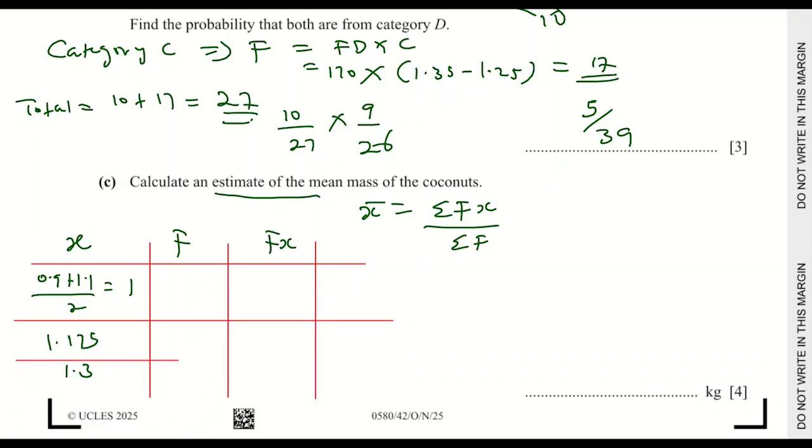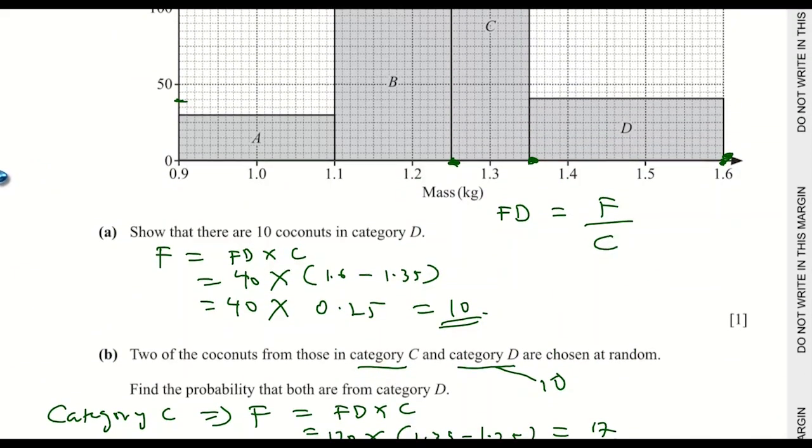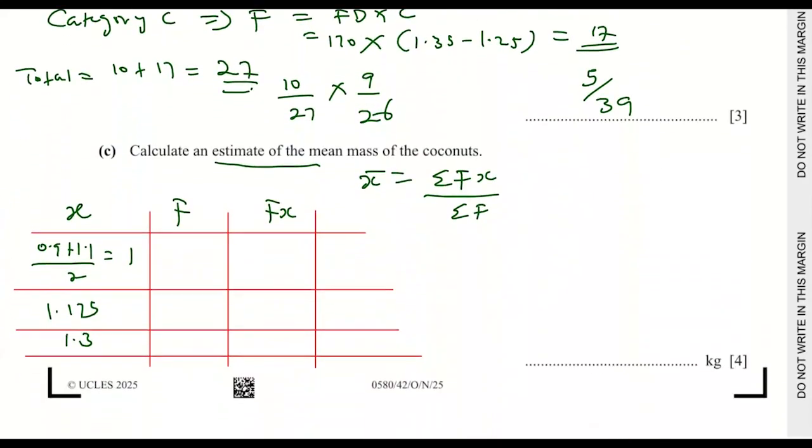And the final one, of course, is for category D. That will be 1.6 plus 1.35, then divided by 2. So that will be 1.475.